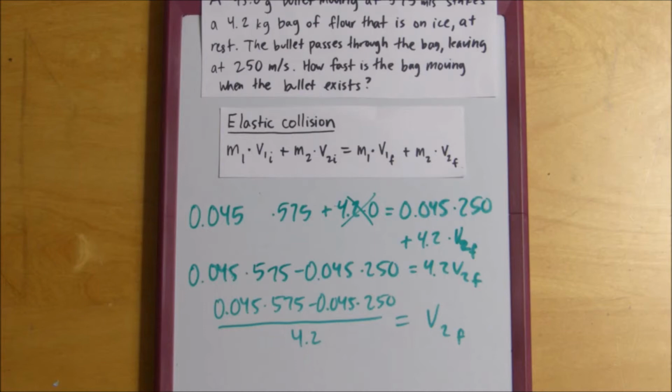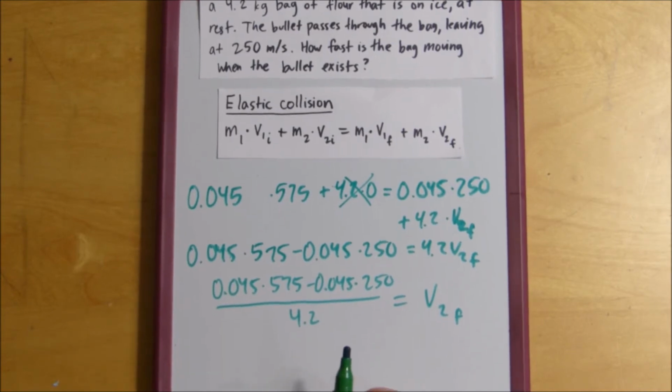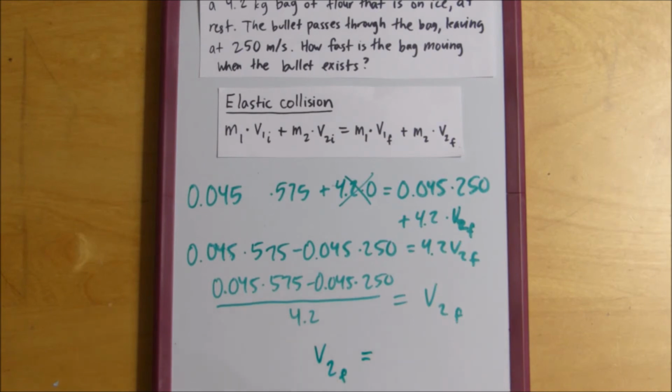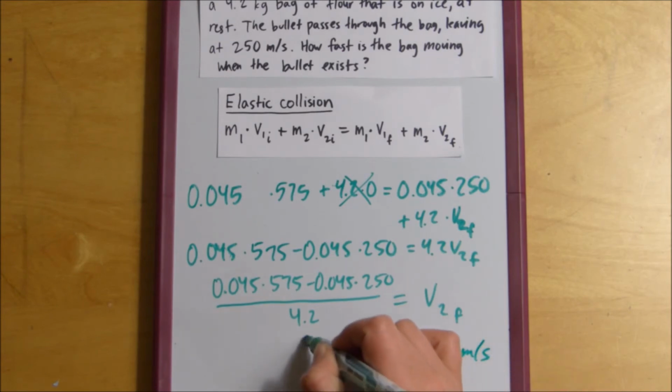So if we plug that in, 0.045 times 575 minus 0.045 times 250, divided by 4.2, we end up with our V2 final being 3.482 meters per second.